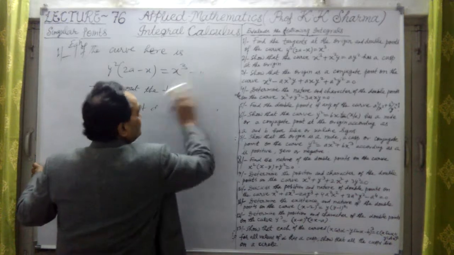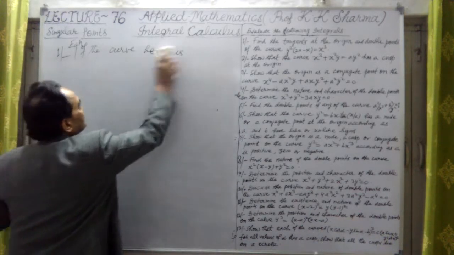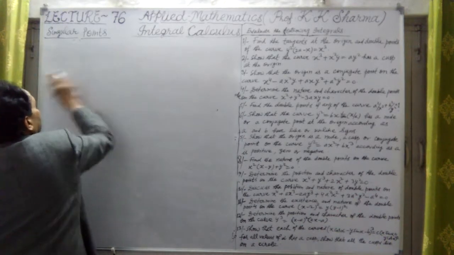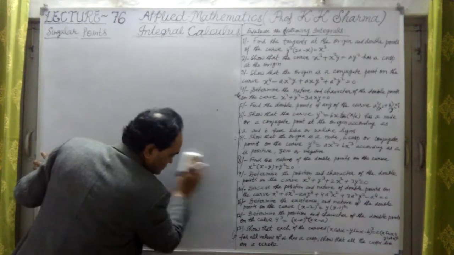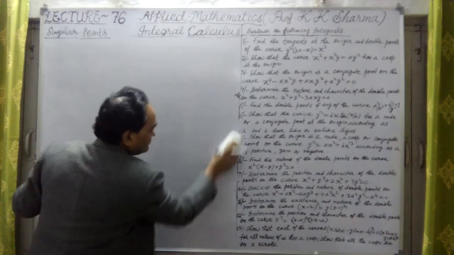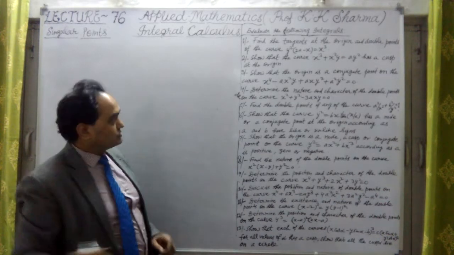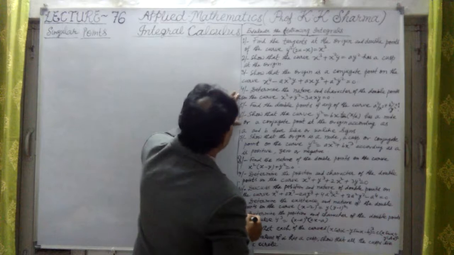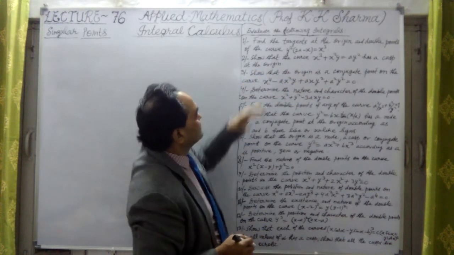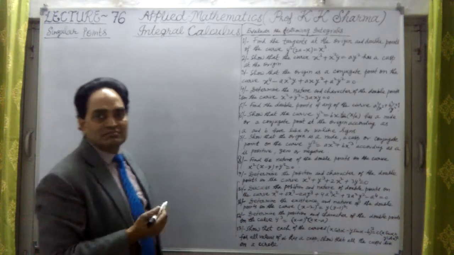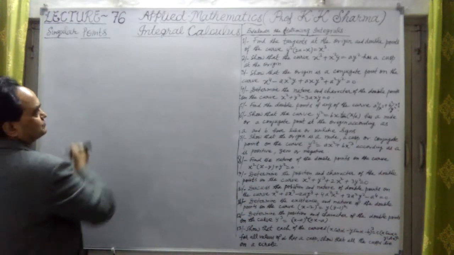Now let me talk about the second question. What does question number 2 say? It says we should show that the curve has a cusp at the origin. So we have to prove that this is a cusp.